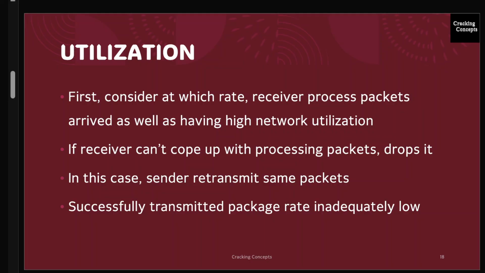If the receiver cannot cope with the processing of the packets, it will drop them. In this case, the sender will be retransmitting the same packets over and over again. The successfully transmitted packet rate will be inadequately low. Hence, achieving high utilization is meaningless.